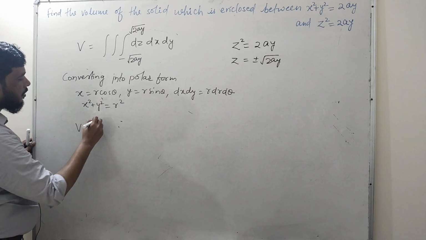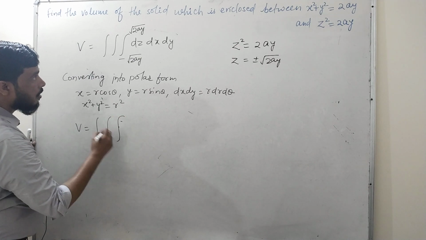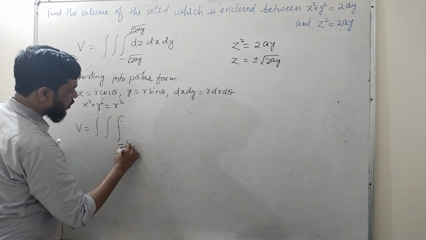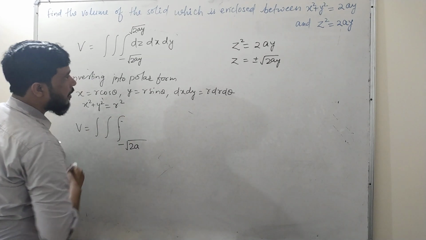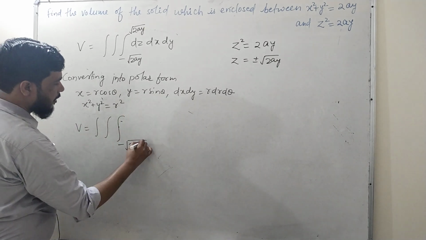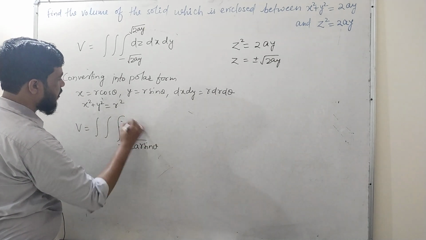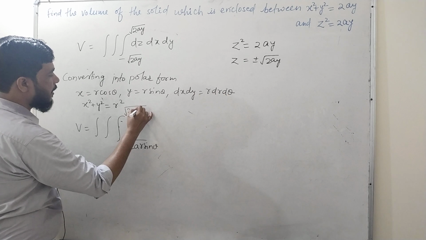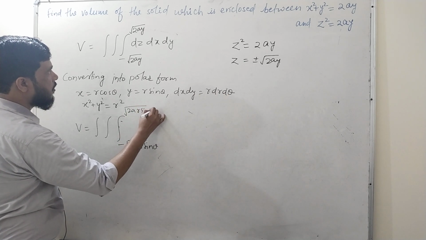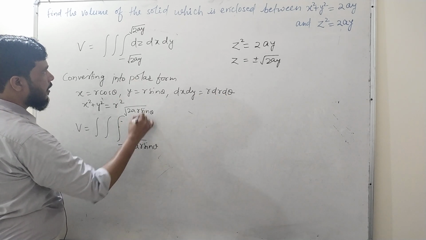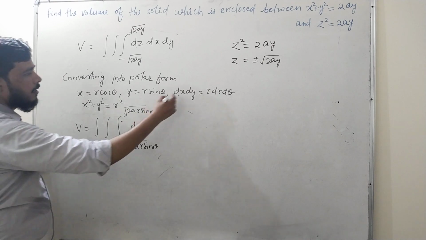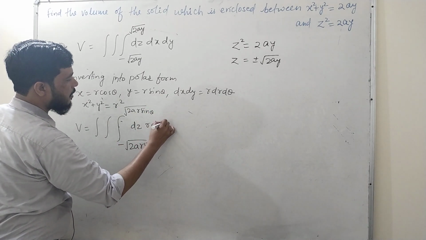Then V is equal to the integral from −√(2a y) to √(2a y), where y is r sin θ, and dz dx dy will be replaced by r dr dθ.